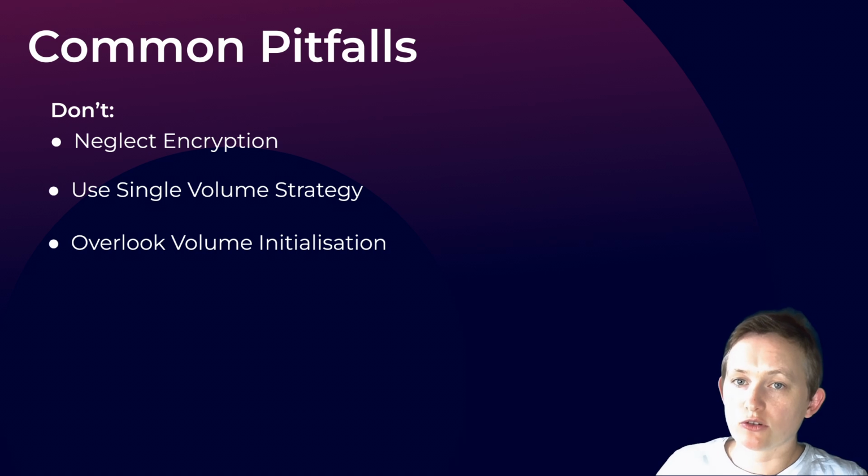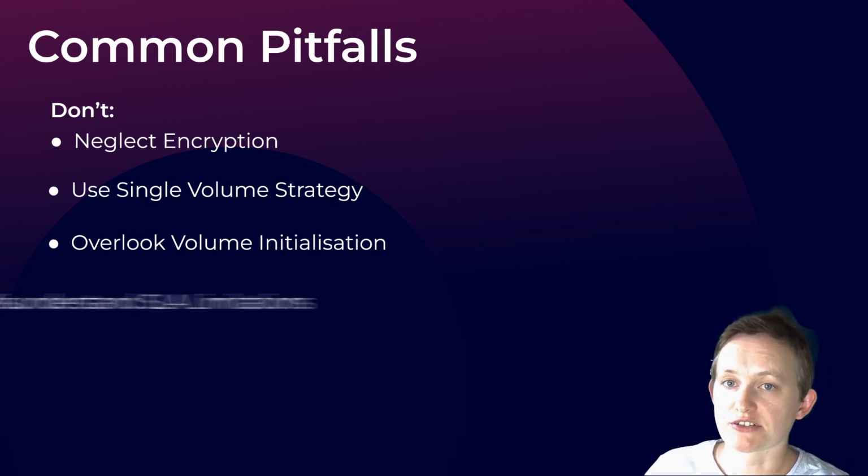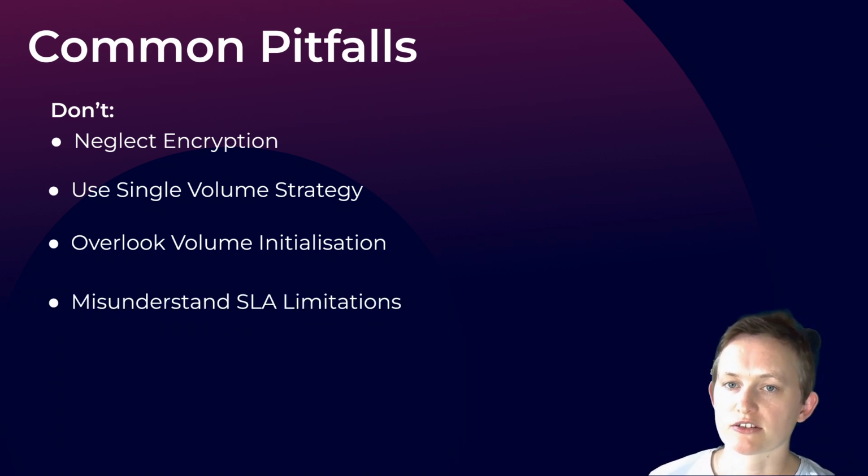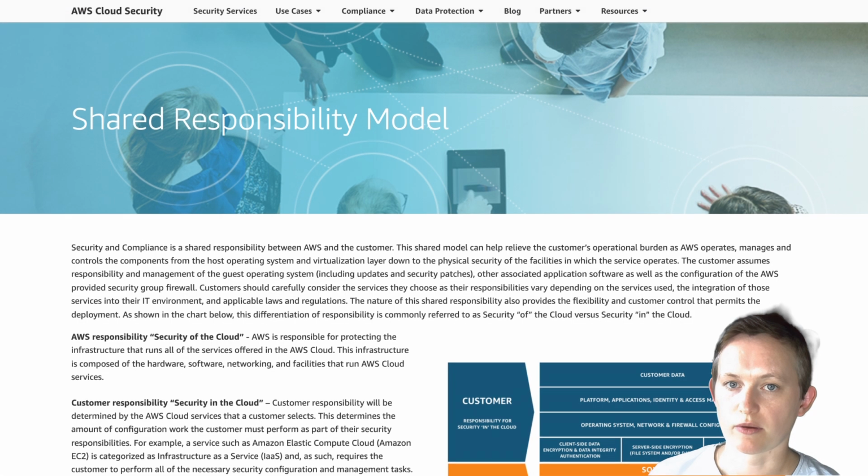So finally, don't misunderstand SLA limitations. AWS provides a service level agreement, an SLA, that guarantees a certain level of availability for EBS. And it's important to understand the limitations of this SLA. For example, the SLA doesn't protect against data loss due to user errors, like accidentally deleting a volume or snapshot. Remember, AWS does operate under a shared responsibility model.